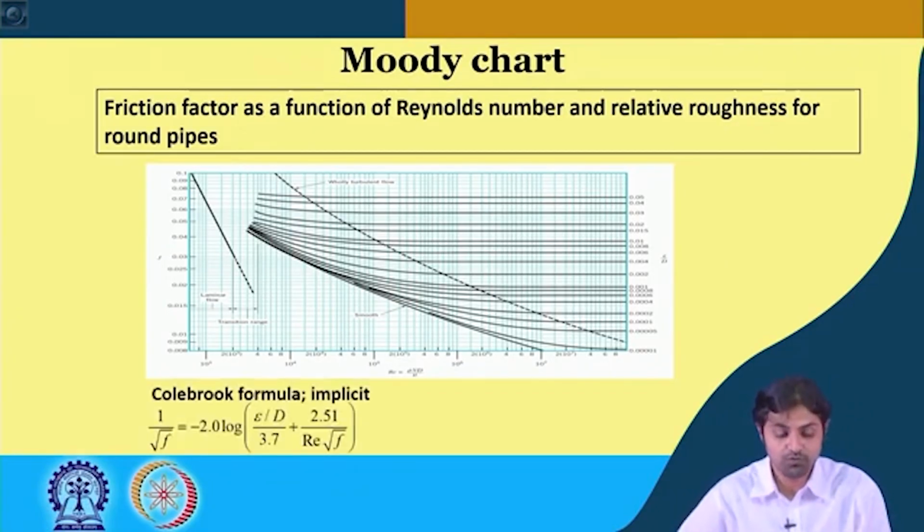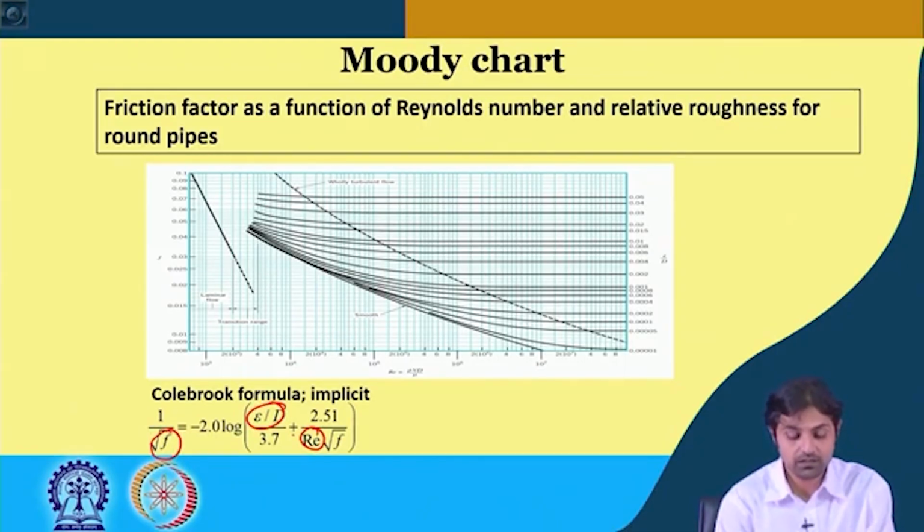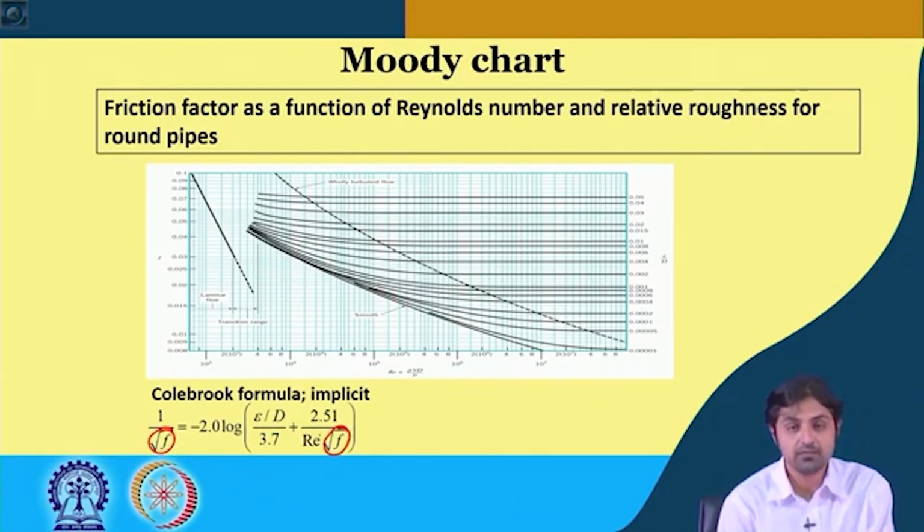One is the Colebrook formula, which relates this friction factor f to epsilon by d and Reynolds number. Can you see there is one trick in this formula? If you note, f is on the left hand side and f is also on the right hand side. That makes it implicit in nature. But I still expect you to remember this formula.